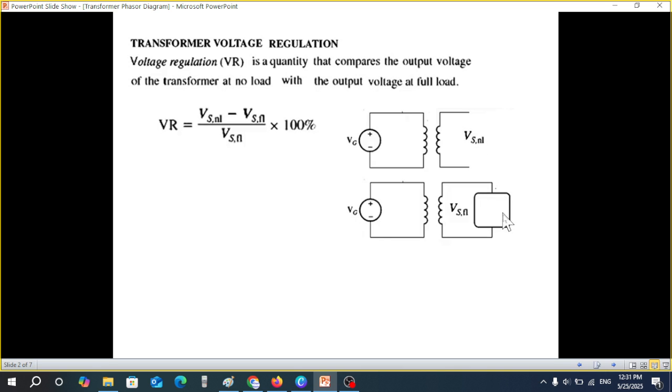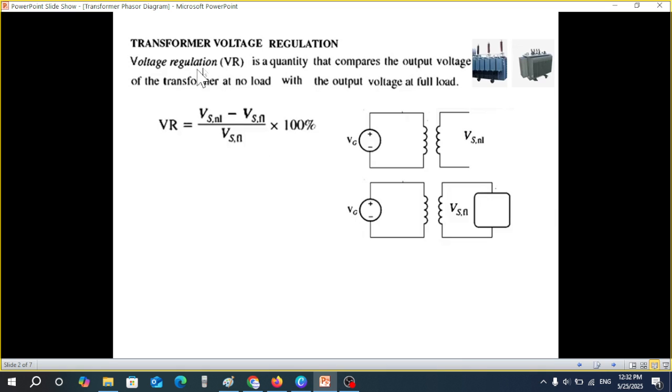And when we connect a load of full capacity, we call the secondary voltage V secondary full load. So this is what has been used here: Vs no load minus Vs full load divided by Vs full load for the voltage regulation.